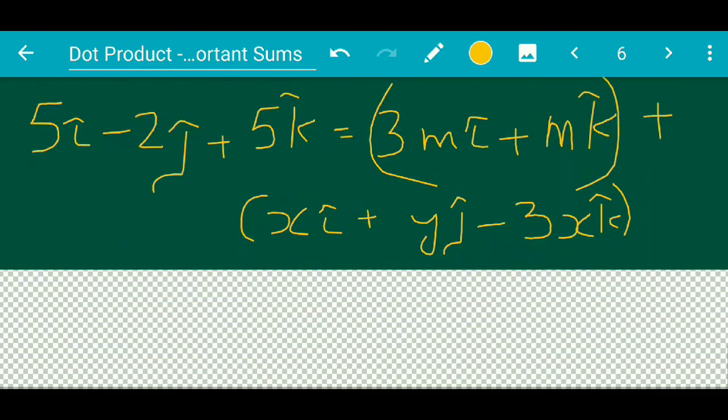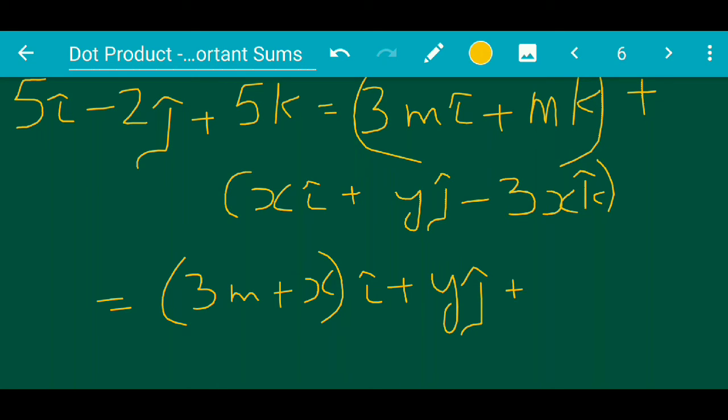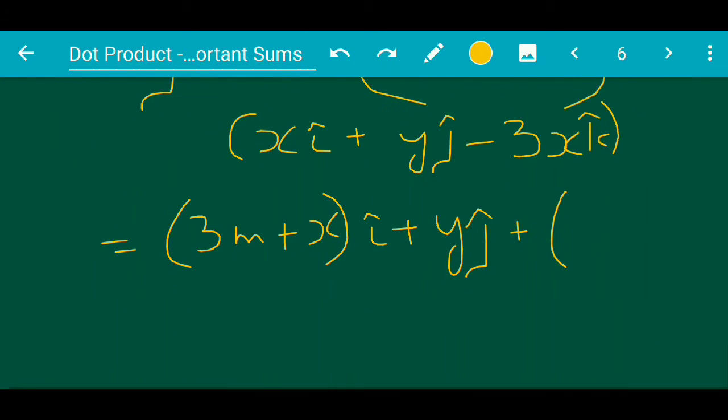Now on the RHS, we can combine the i terms, j terms and the k terms. LHS remains the same. On the RHS, we get 3m plus x i, plus yj, because in the first bracket there is no j term, plus m minus 3x k.